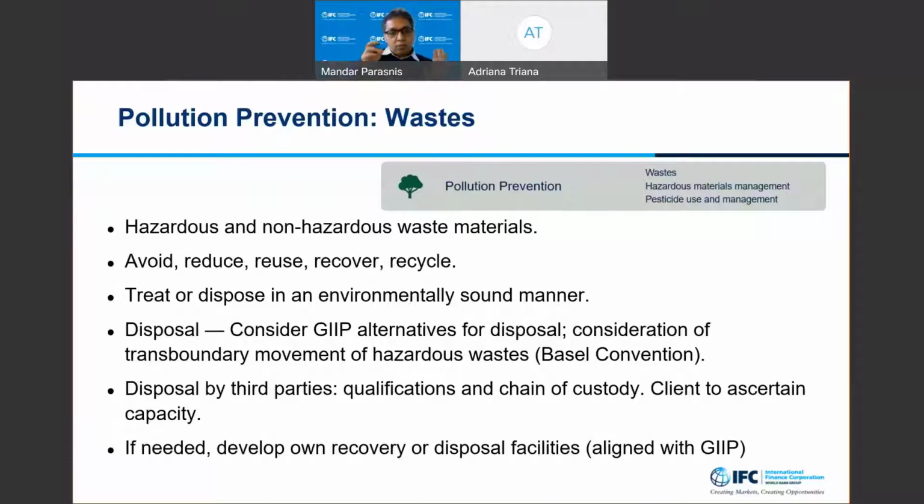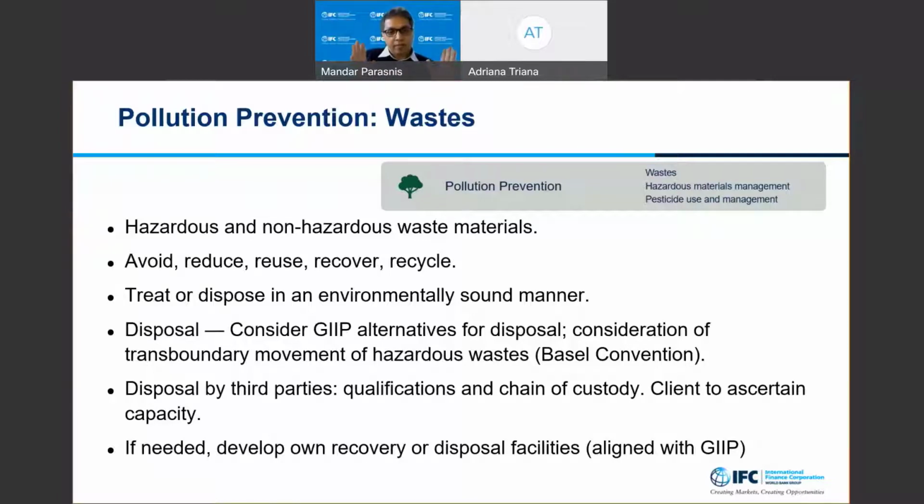Okay, so in terms of disposal, there are a couple of other factors we need to consider. If the waste disposal is done by third parties, let's say biomedical waste from hospitals, or the hazardous waste is sent to the central treatment facilities, it is important for our clients to ensure that those companies are qualified, they have adequate and proper capacity to manage the waste that we are sending to the facilities as per the GIIP. They are managing those facilities, and most importantly, there's a chain of custody.